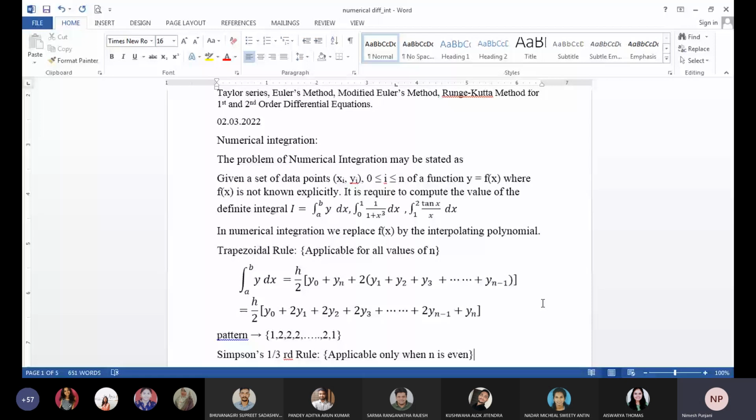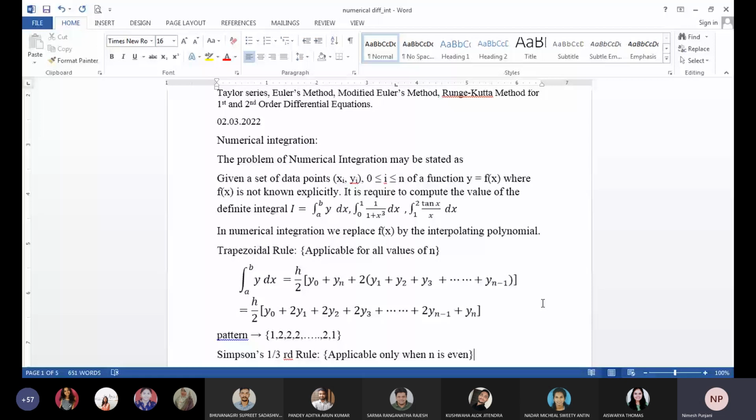If you simplify it, you get h by 2 y0 plus 2y1 plus 2y2 plus 2y3 and so on. The pattern of the coefficients followed in the trapezoidal rule is basically 1 2 2 2 2 2 and 1.